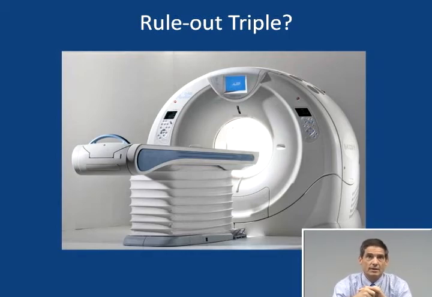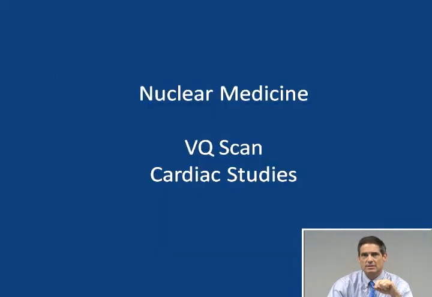At present, with our scanners as we're doing them now, a CTA of the pulmonary arteries and a CTA of the coronary arteries, it's hard to perform both of those simultaneously with the same bolus of contrast. Although as this technology evolves, we're probably not too far off from doing that. And as that happens, I think this is probably going to revolutionize the way emergency room medicine is practiced in terms of taking care of chest pain patients and imaging those patients.